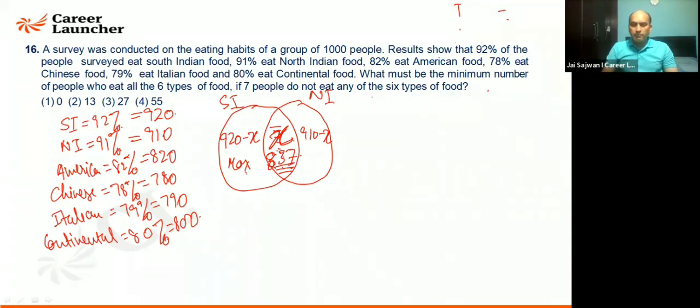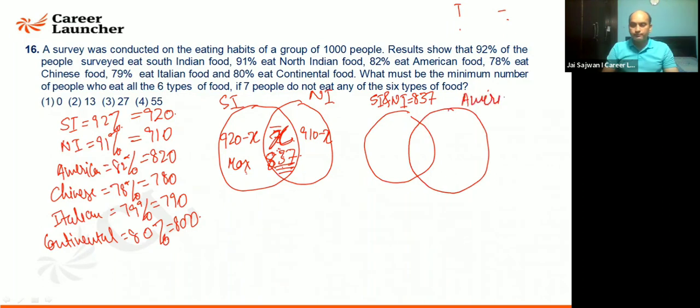Now the number of people who like both South Indian and North Indian is already given as 837. Now there are people who like American food. The people who like North Indian and South Indian is 837. The people who like American food is 820.